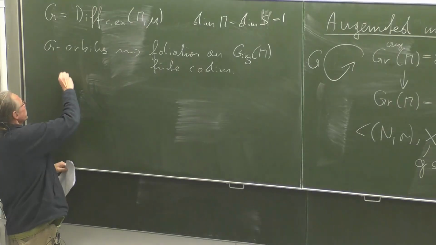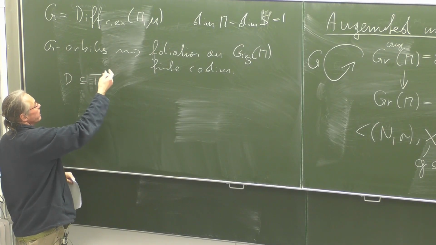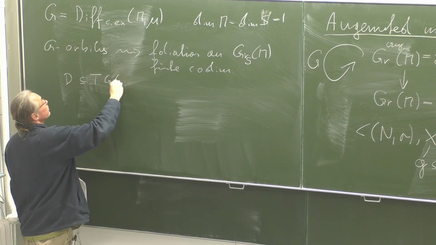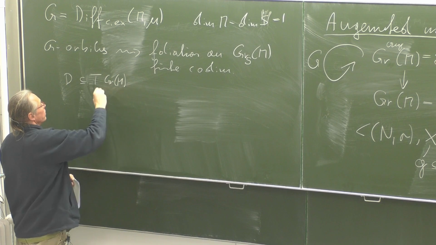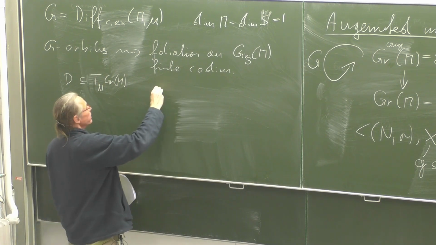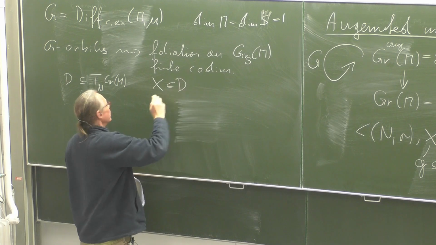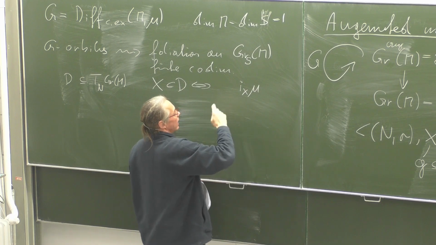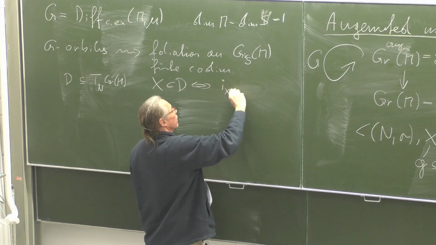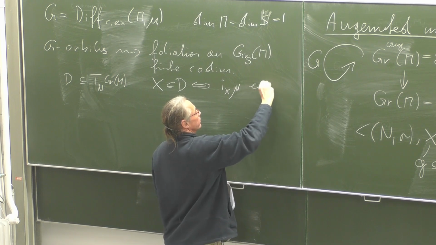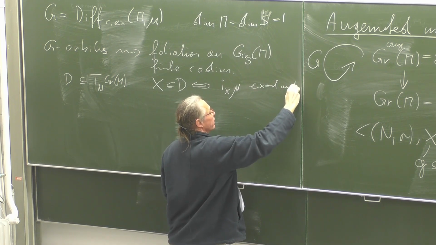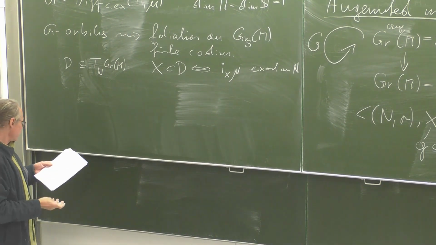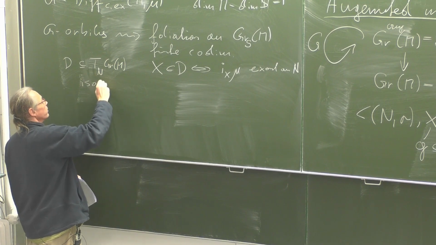The corresponding distribution, so the tangent space to these orbits, can be described explicitly. A tangent vector is in this distribution if and only if you contract it with the volume form and restrict that to the submanifold N, then it's exact. It's formally very similar to Weinstein's isodrastic foliation, so we call it isodrastic foliation 2.